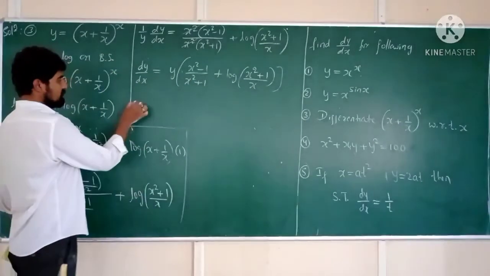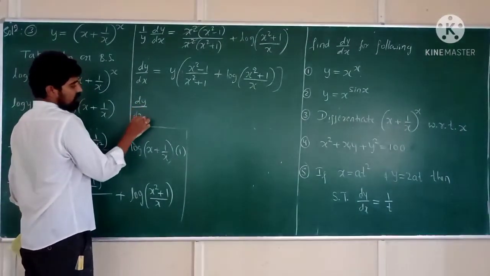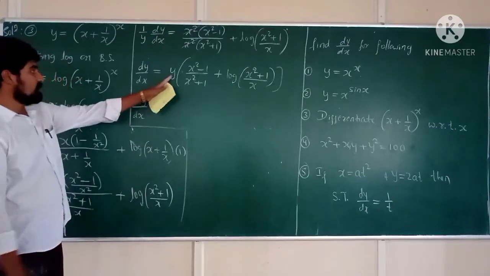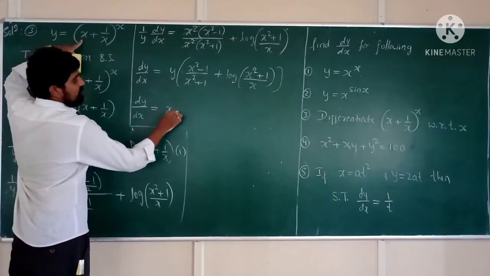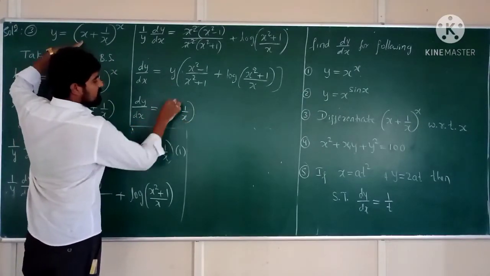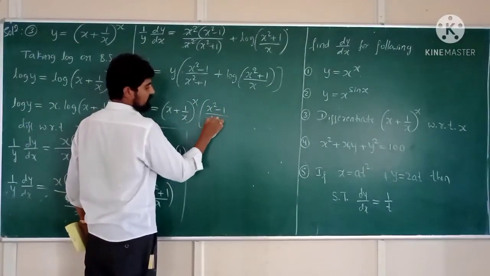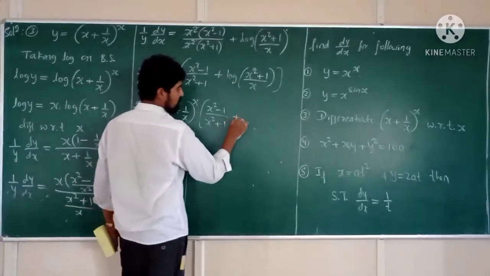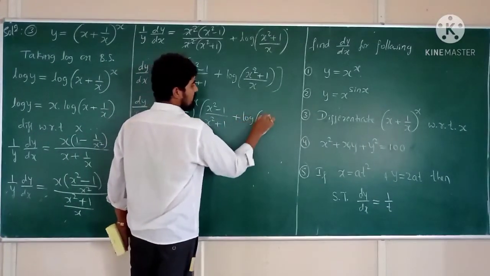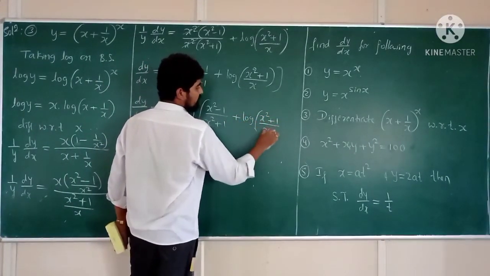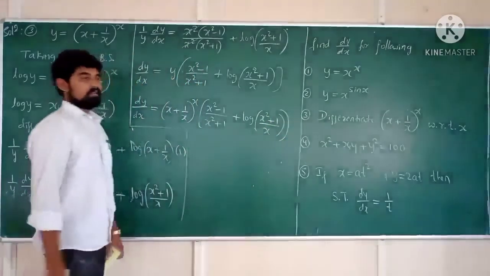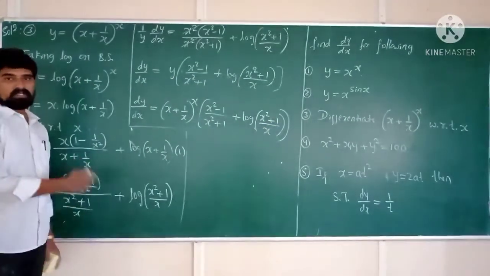Hence the final answer is dy by dx is equal to, value of y is given, (x plus 1 by x) power x, into (x square minus 1) divided by x square plus 1 plus log of (x square plus 1) divided by x. I hope all of you understood. If possible, take a note.